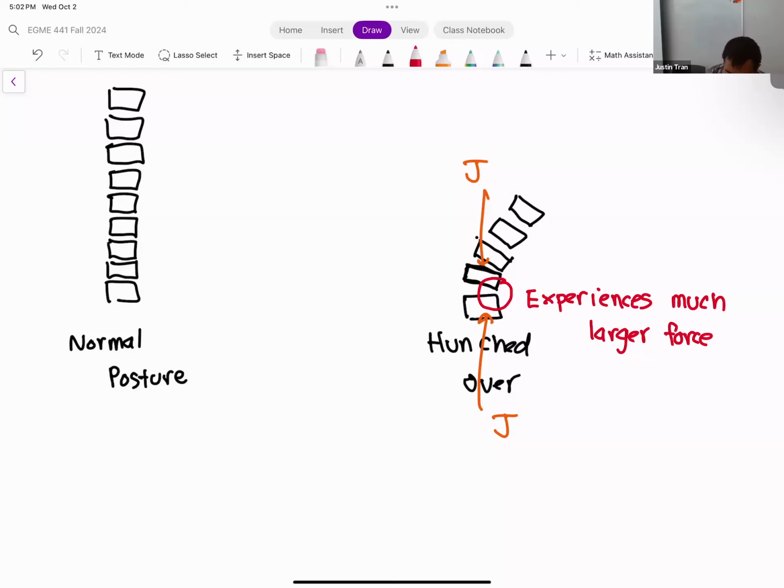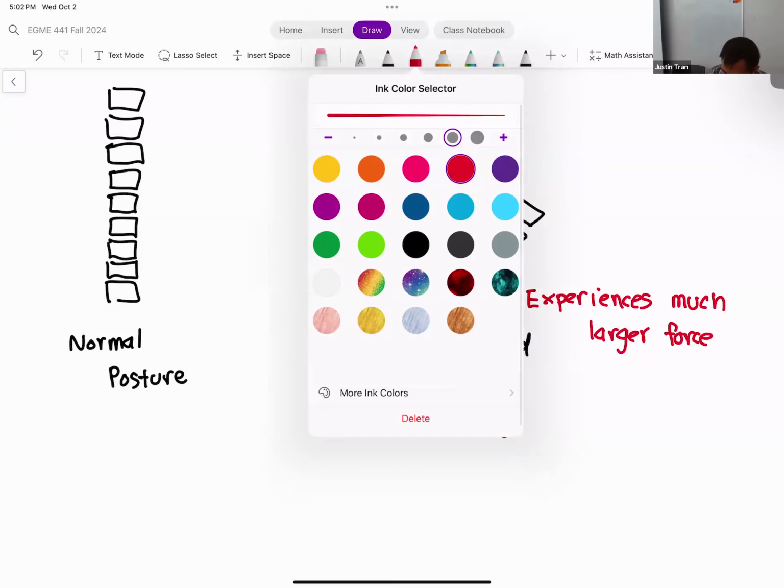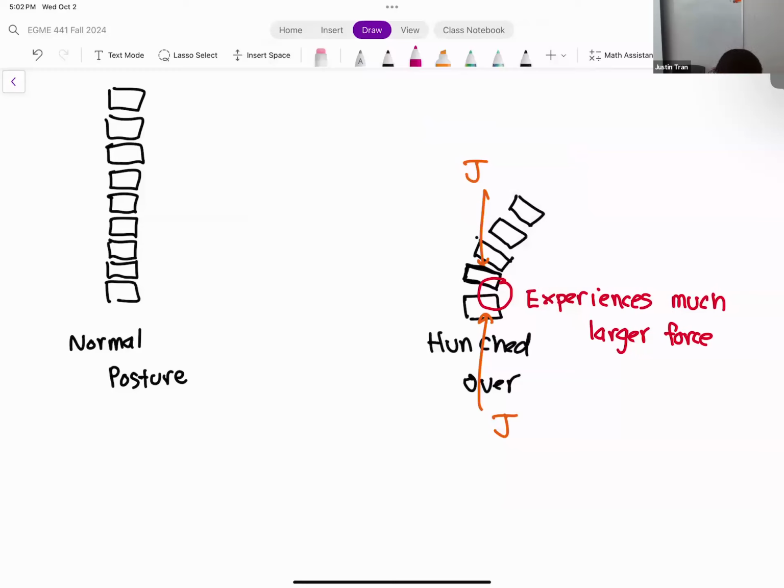But remember what exists in between here. In between your vertebrate bones is the disc. You're going to have these little disc cushion pads in between each of your spines. And if you apply a very large amount of force in this unbalanced way, you have one side of your cushion experiencing much larger forces than the other.